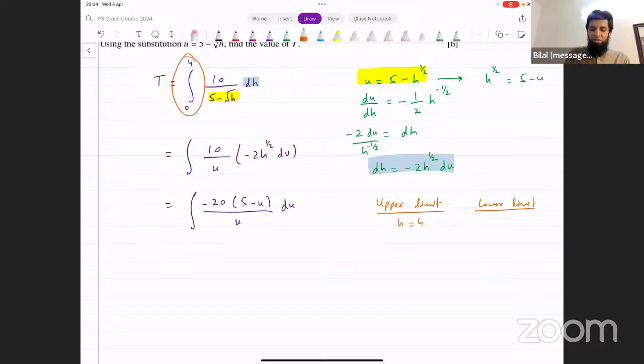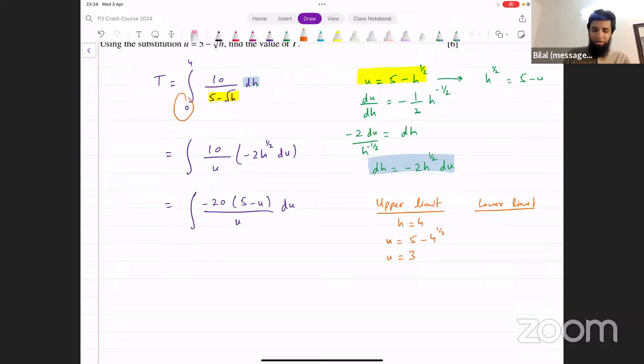Remember, these limits are supposed to be values of h because the original integral was in terms of h, right? So h equals 4. What's the corresponding value for u? That will be u equals 5 minus 4 raised to the power 1 over 2. That becomes 5 minus 2, which is 3. The value of u turns out to be 3.